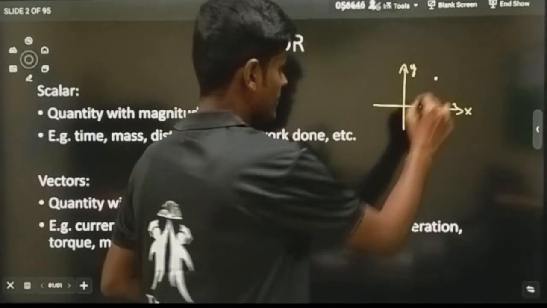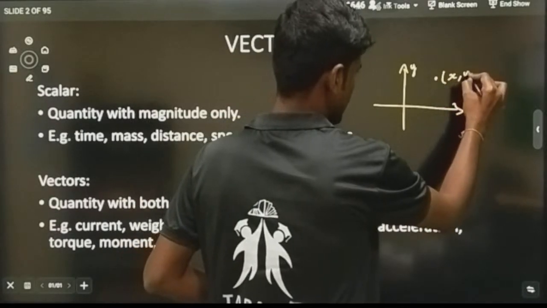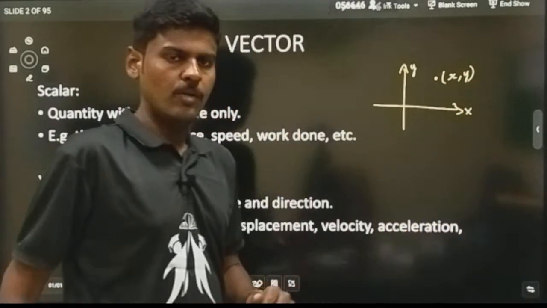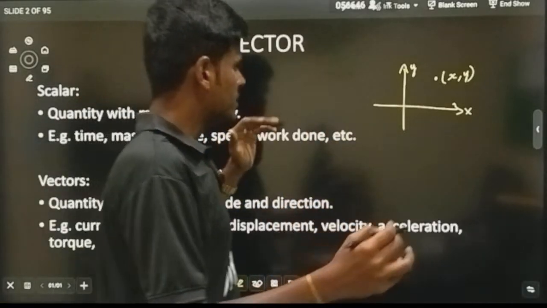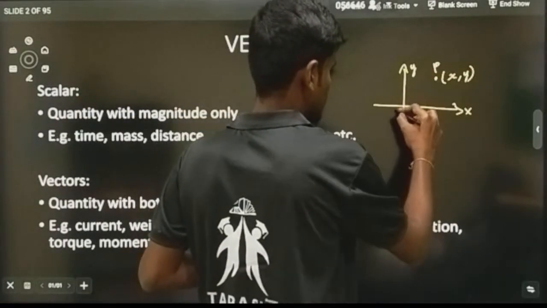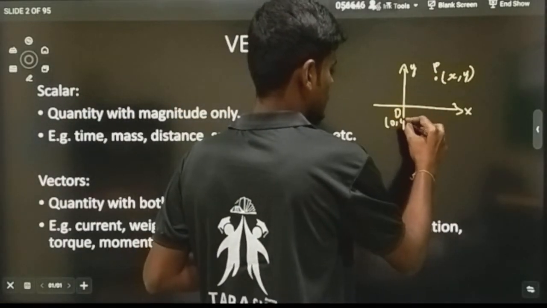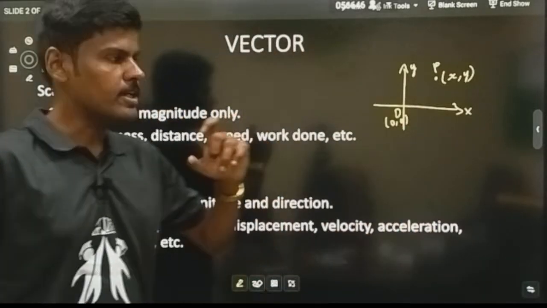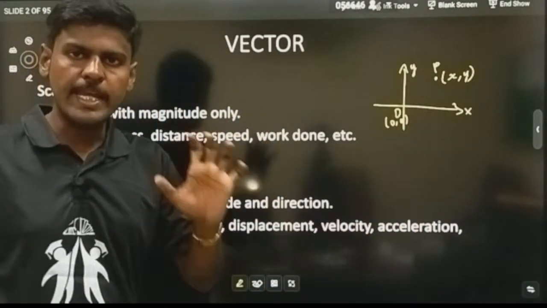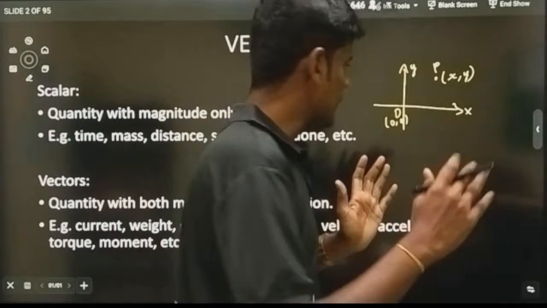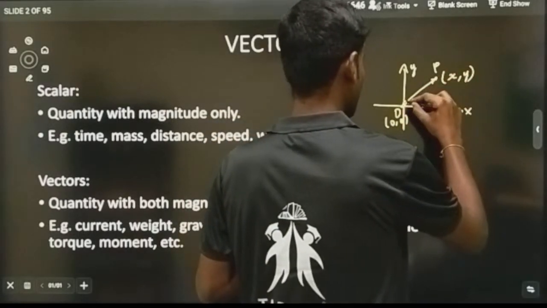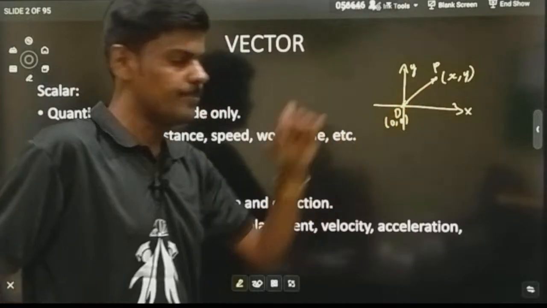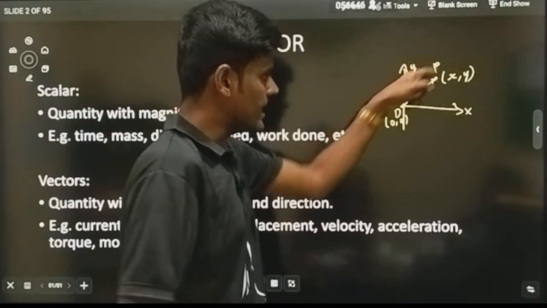Suppose the point is (x, y). Say this point is P and this is the origin. Origin is nothing but (0, 0). Now scalar is a quantity that has only magnitude. That means this magnitude OP will give the scalar quantity OP. So OP is a scalar here.